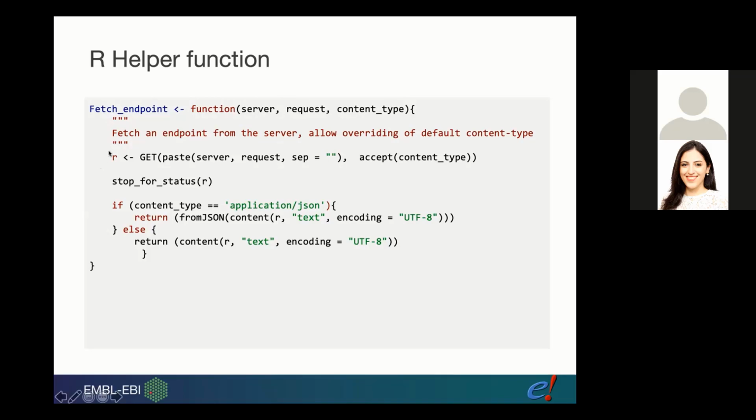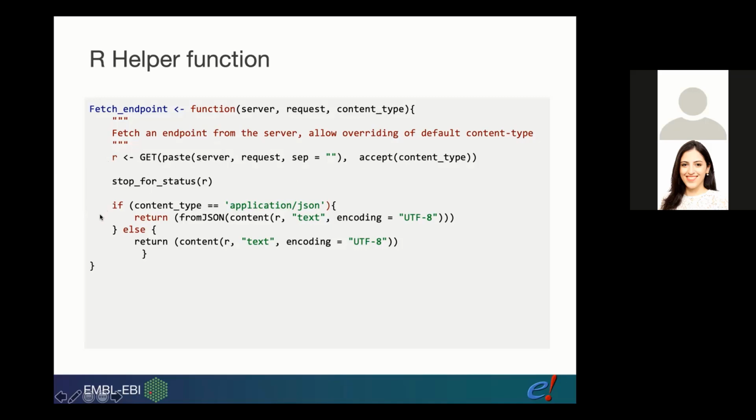So again, we're declaring the R object. We're using the get method to make a call. We're pasting our parameters, our server and our request, separated by nothing. And then we are specifying the content type under accept in the request header. Then we have our error handling.